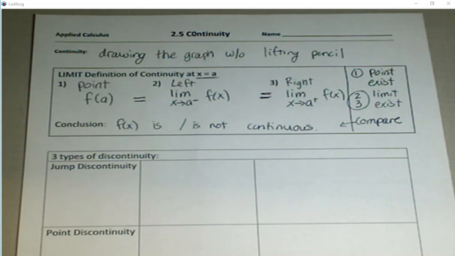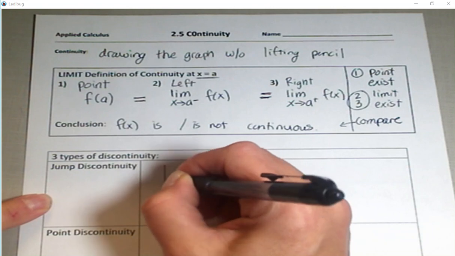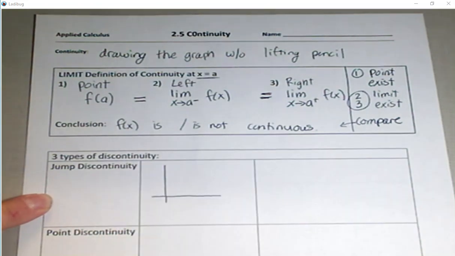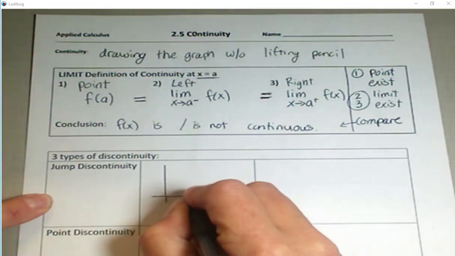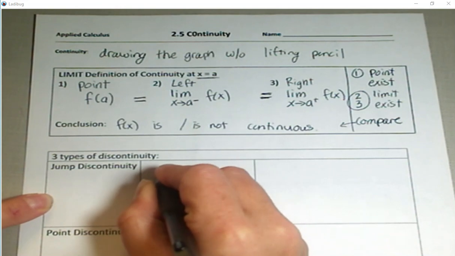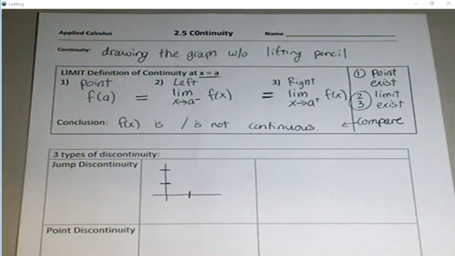Okay. I prefer to do it graphically because it's much easier to see the discontinuity, and then we're going to write the limit statements that correspond to it. So we're going to draw a jump discontinuity. Okay, I'm just going to go in quadrant 1. Okay.